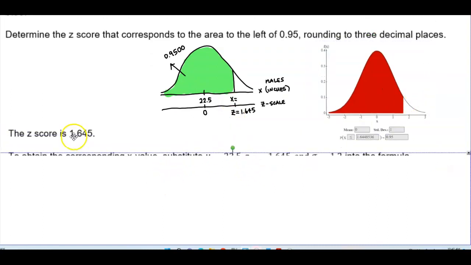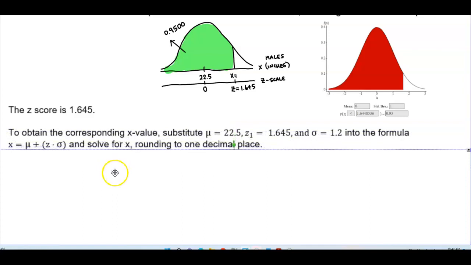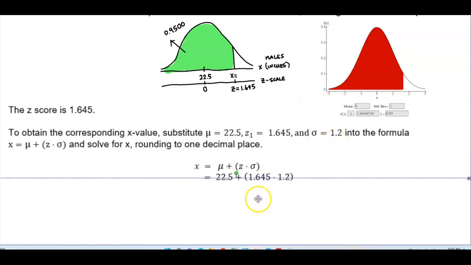Now that we found that z-score, to obtain the corresponding x value, we substitute the mean of 22.5, the z-score of 1.645, and the standard deviation of 1.2 into the formula.